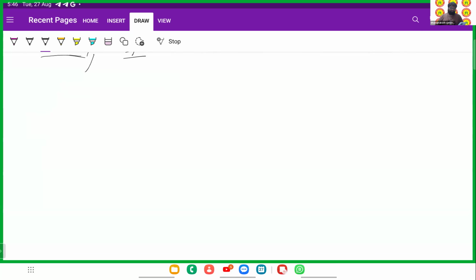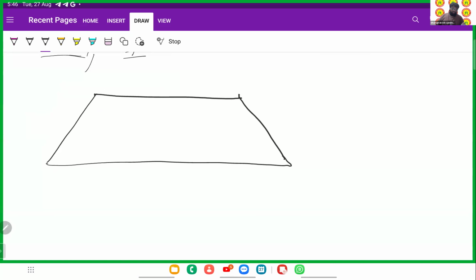Next, trapezium. So this is how the trapezium looks.